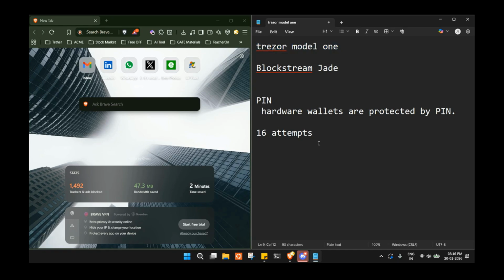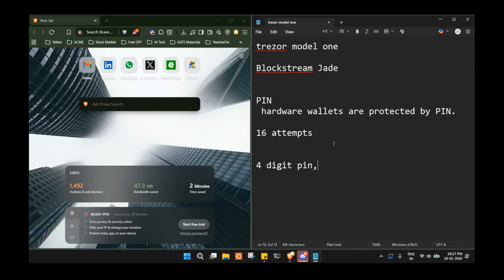So what generally happens is, there are so many ways. Let us suppose your PIN is a 4-digit PIN. It is not possible to crack a 4-digit PIN in 16 attempts, right?